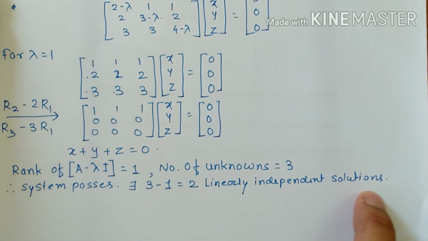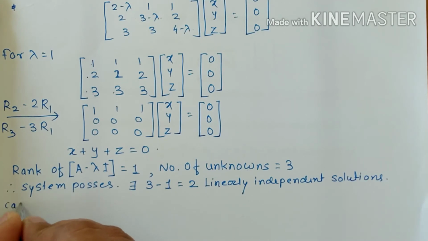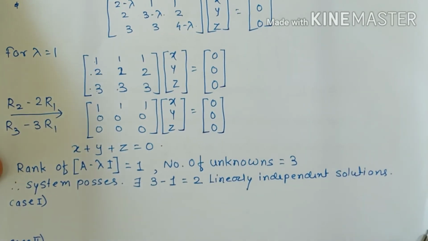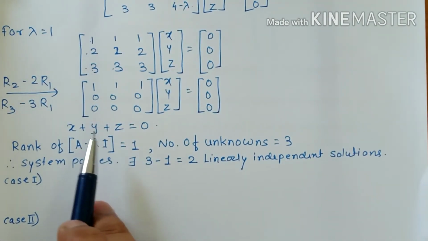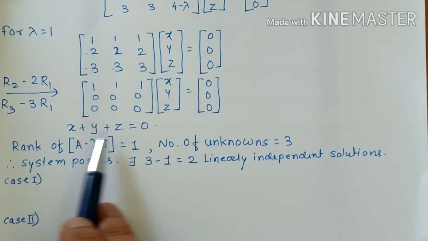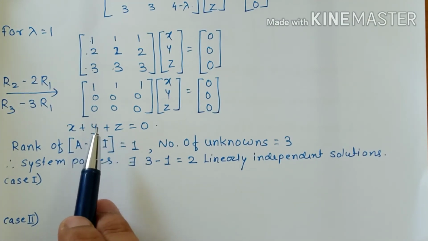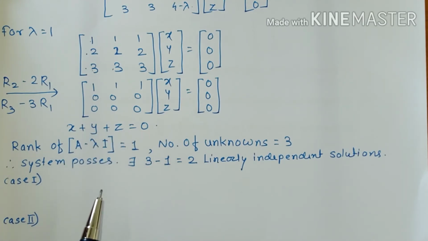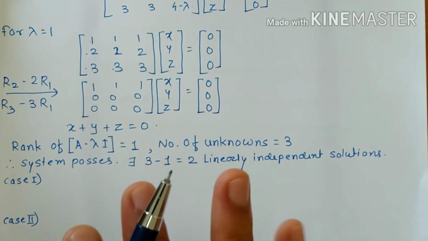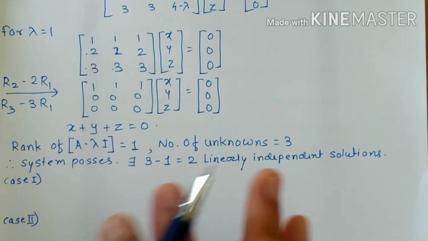Now how to get them? So case 1, and there is another case. Case 1 will give you the first root and case 2 will give you the second root. Now the equation is x plus y plus z is equal to 0. If I want a solution of this system having one equation in three unknowns, I must know any two of these unknowns, either xy or yz or xz, any two.